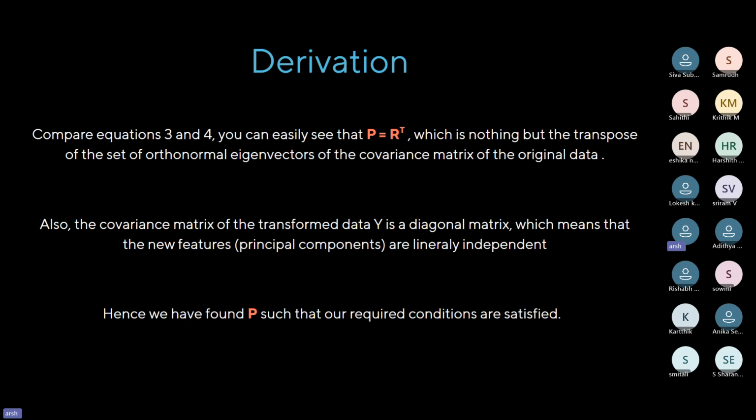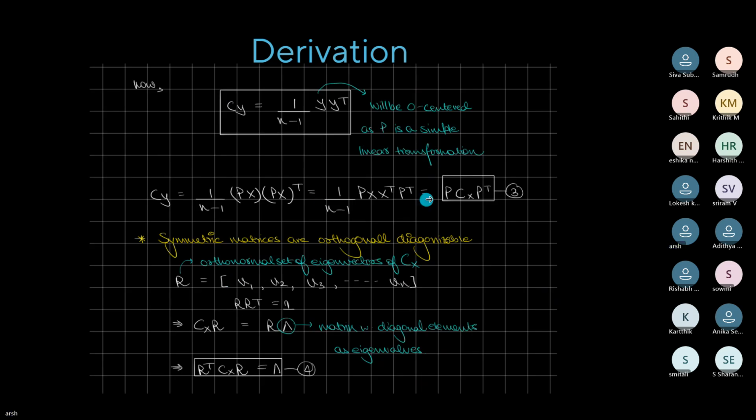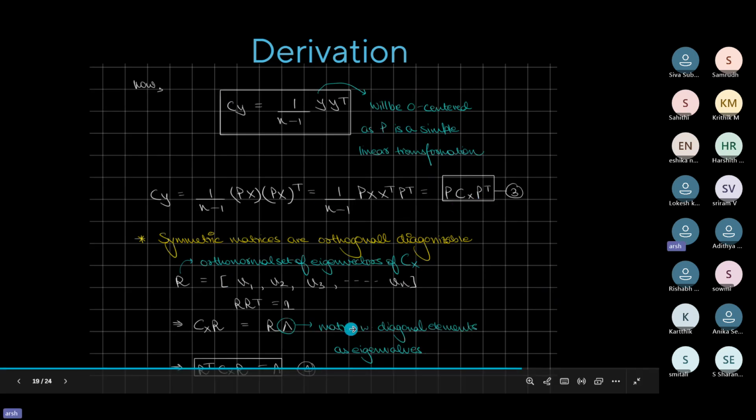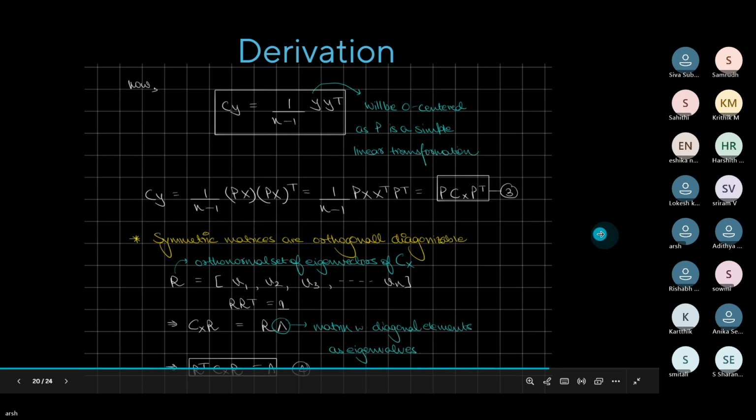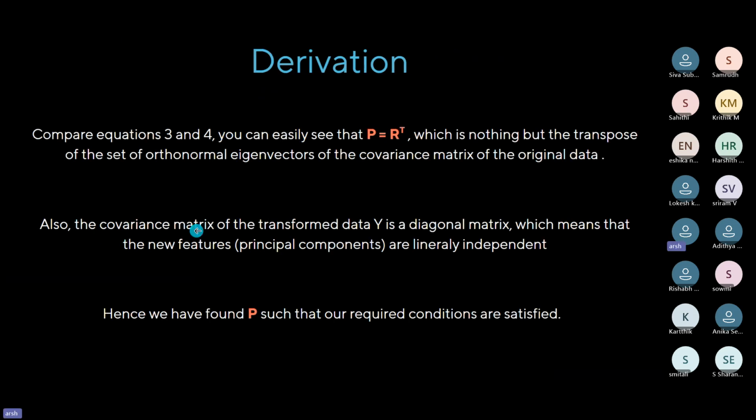It's that simple. Also, as we discussed before, because this capital lambda is a matrix with diagonal elements as its eigenvalues, Cy is also a matrix with its diagonal elements as its eigenvalues. The covariance matrix of the transformed data is a diagonal matrix, which means that the new features are linearly independent. The new principal components will not depend on each other.